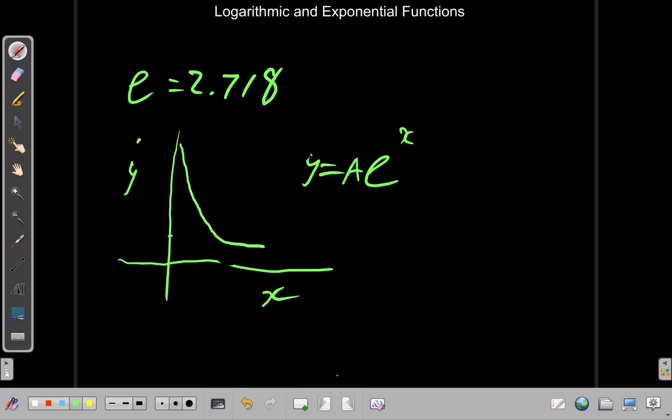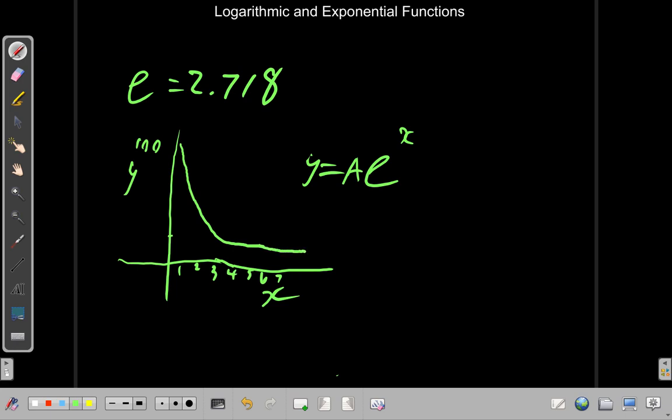And if it started at say 100 degrees Celsius and after 1 minute it cooled down to 90 something degrees Celsius, after 2 minutes it cooled to 80 something, and you take it every 1 minute, right?